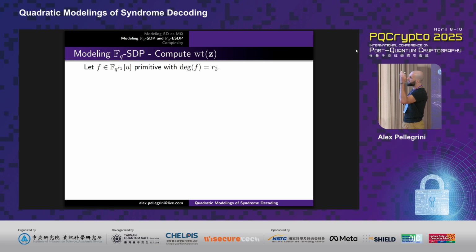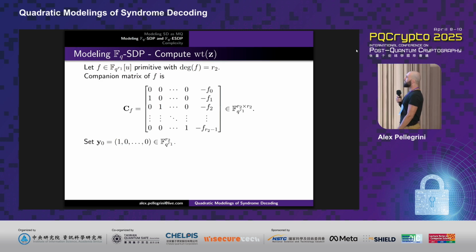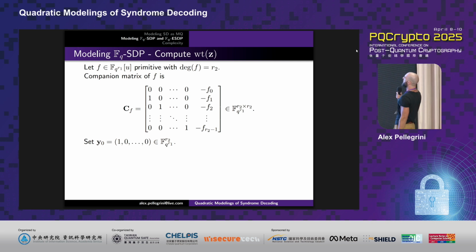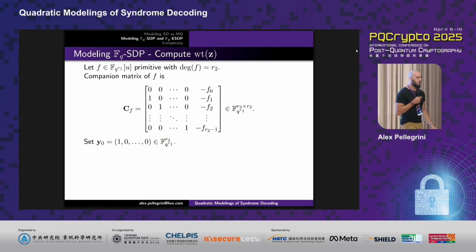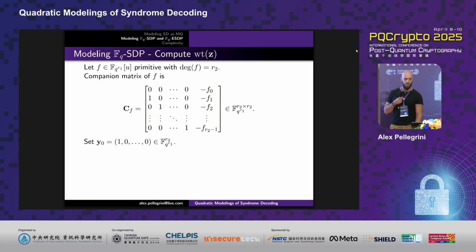Assume we take a primitive univariate polynomial f over FQ^R1 of degree R2. Here is where R2 comes into play. A companion matrix of f is given by this matrix CF, where we have the identity down in the left corner, a 0 row, and then a column with all the additive inverses of the coefficients of the polynomial.